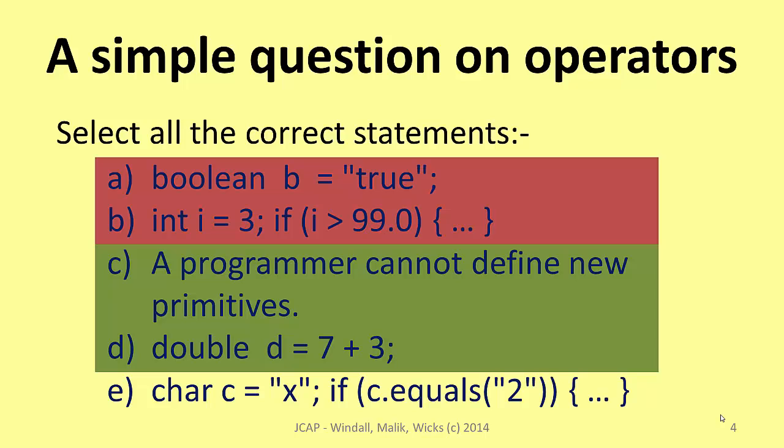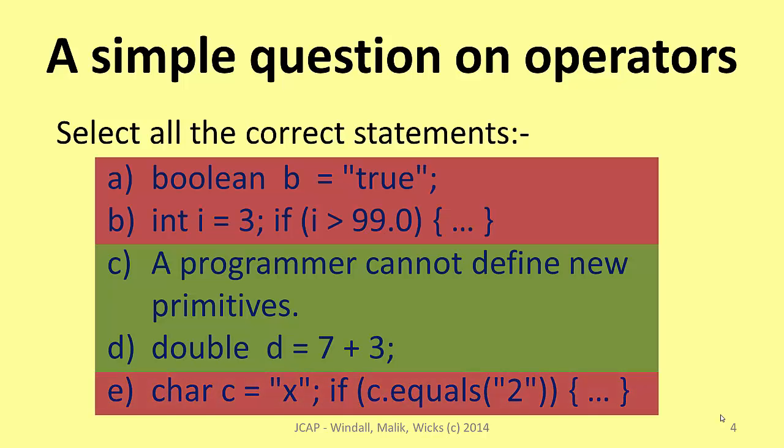And finally, char c is equal to "x". If c.equals("2"), do this. Well, that's wrong for a couple of reasons. First of all, if we're defining a char, it's got to be single quotation marks, not double quotation marks. Double quotation marks means it's a string.